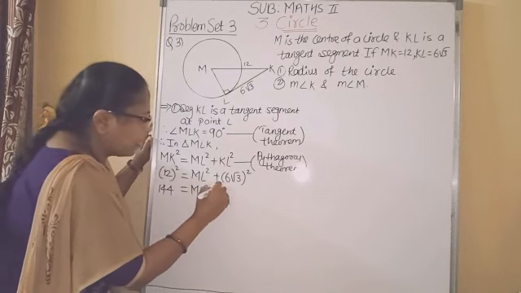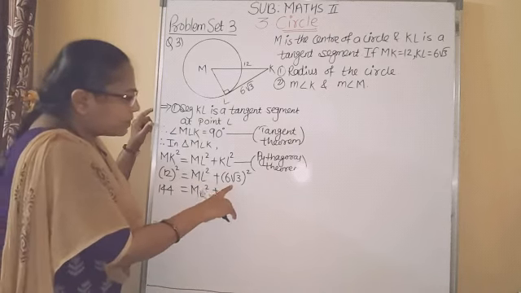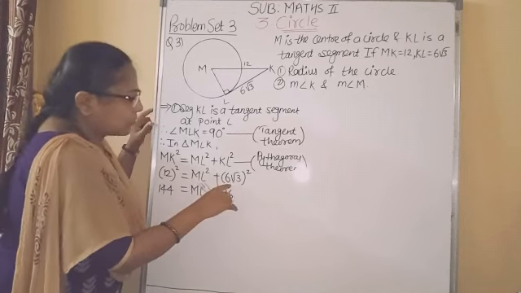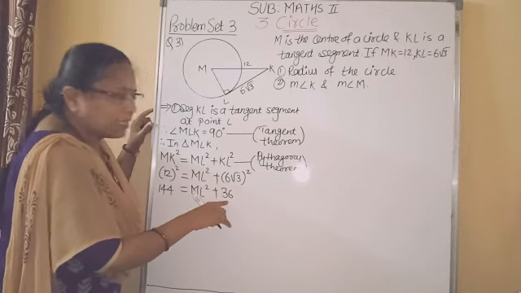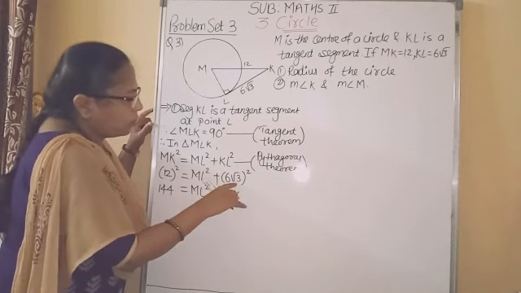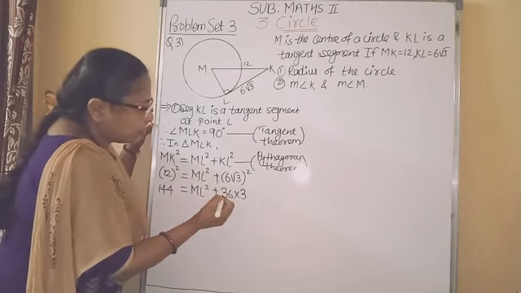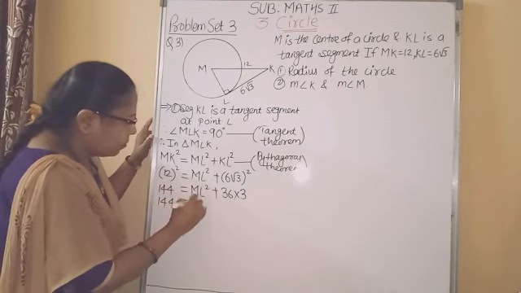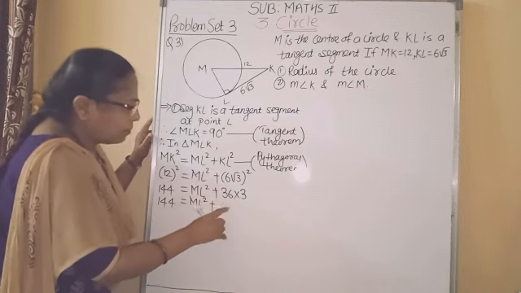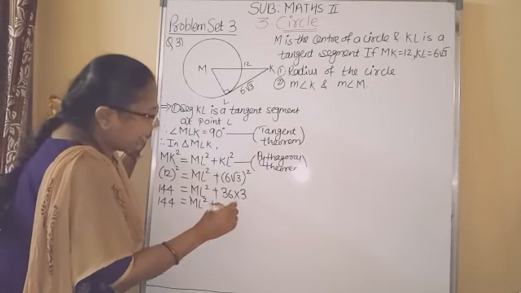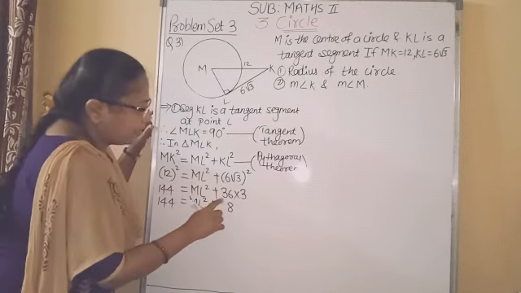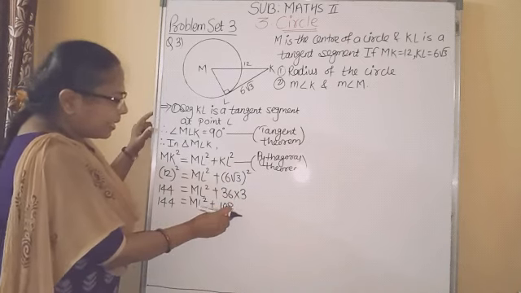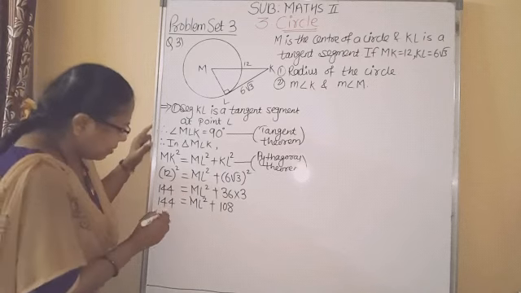144 equal to ML square plus, now making the square of 6 root 3, first we make the square of 6, which is 36, into the square of root 3, which is 3, so 36 into 3. So 144 equal to ML square plus, multiply this now, 6 3s are 18, carry 1, 3 3s are 9 plus 1, 10. So 108. Now take this 108 to the left hand side.